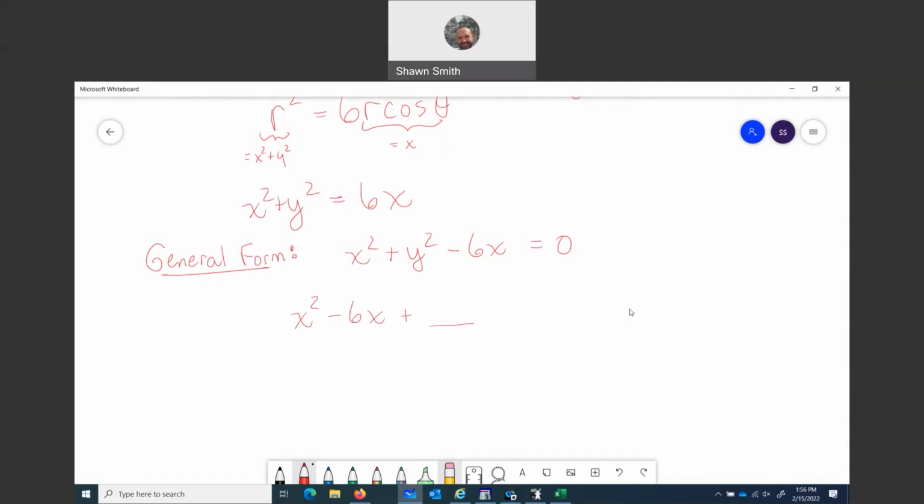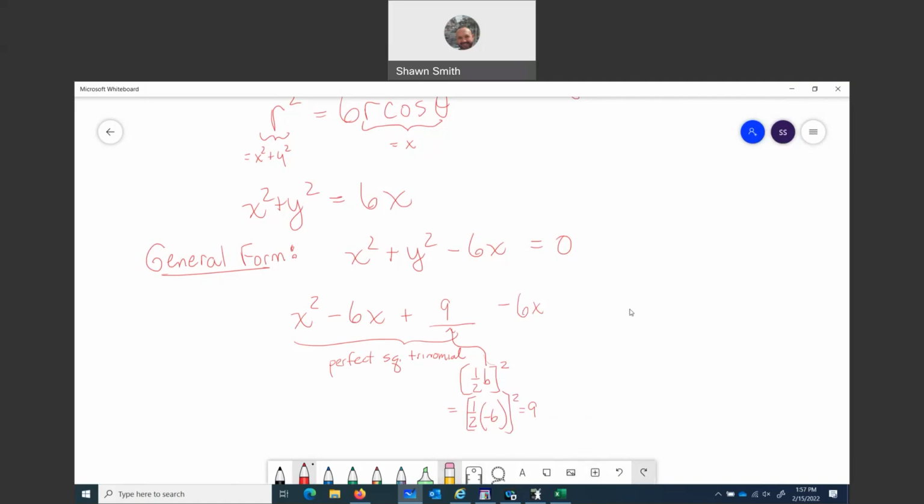And I'm going to add in some number here to make a perfect square trinomial. Remember, half of b, then we square that answer. So half of our b, which is -6, is -3, and we square it, gives a +9. So I add 9 into this left side.